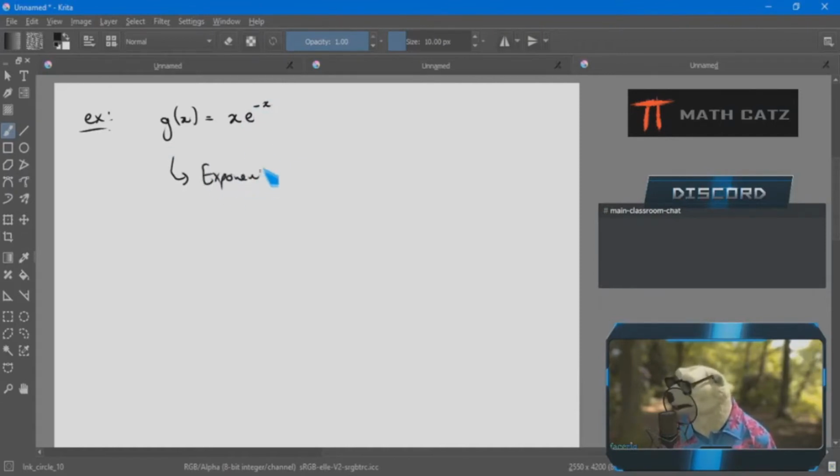So now I identify this type for us because I see an e to the x, or some e to the something. Now we'll mainly stick with the natural base, but it could technically be anything.